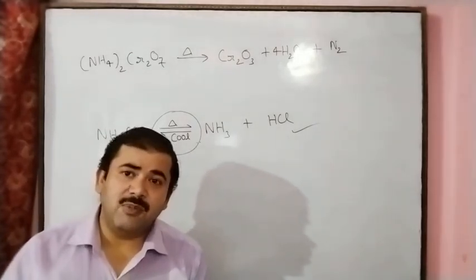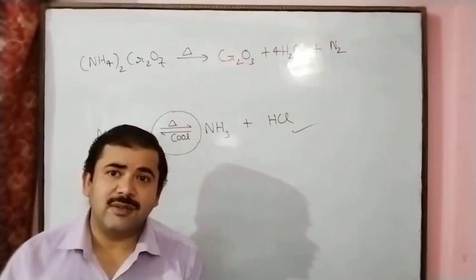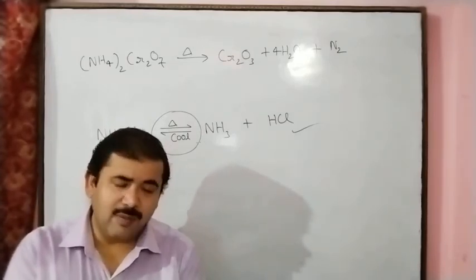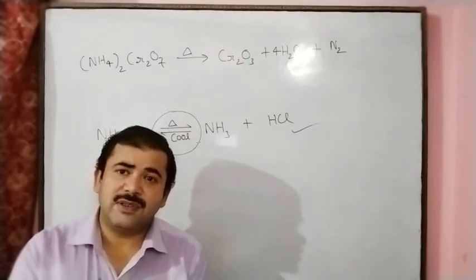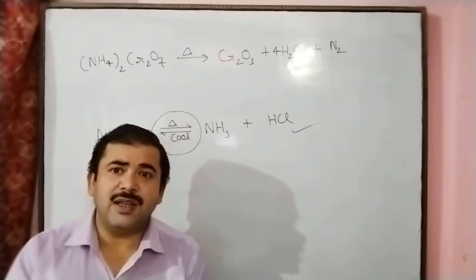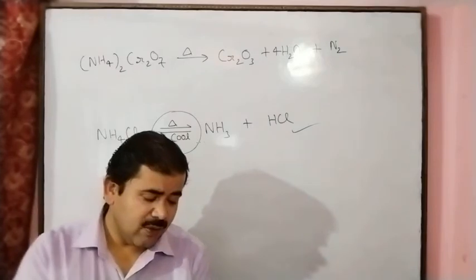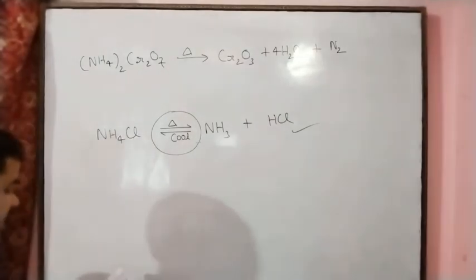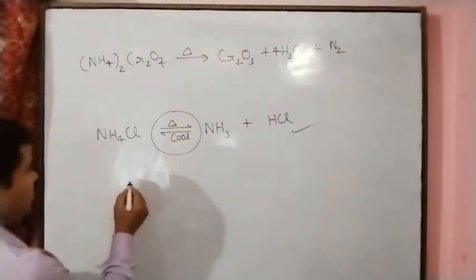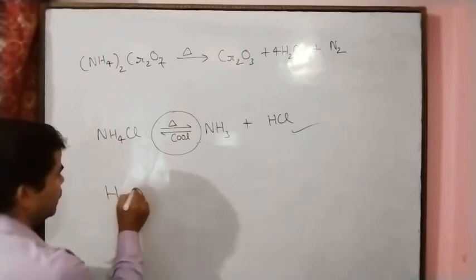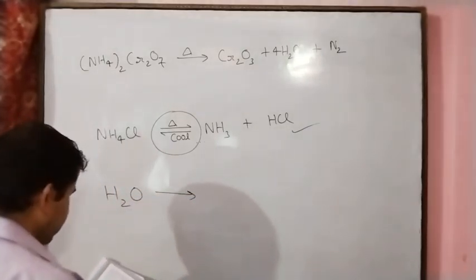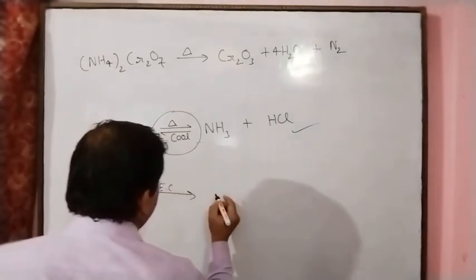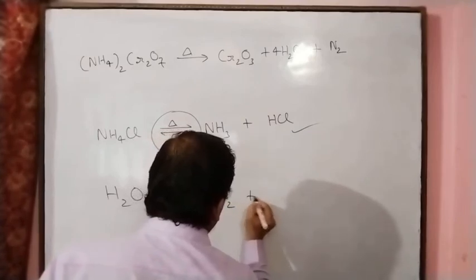In the same manner, the photochemical decomposition reaction. In a decomposition reaction, if sunlight, means light energy, is required, we will say photochemical decomposition reaction. In the electrolytic decomposition reaction, water by passing electric current gives hydrogen and oxygen gas.